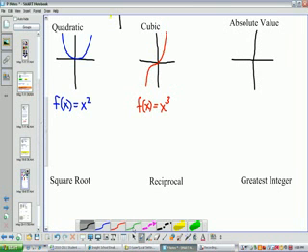Next is the absolute value, the opposite value. These are nice, pretty leaves. Your calculator will graph absolute values.